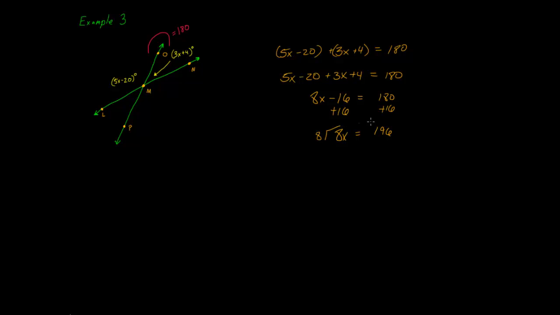Divide both sides by 8. It's not a square root sign. That's dividing by an 8. We'll leave you with an x on this side equals, when we do the math, 24.5. All right, so the first part is complete. Find the value of x.